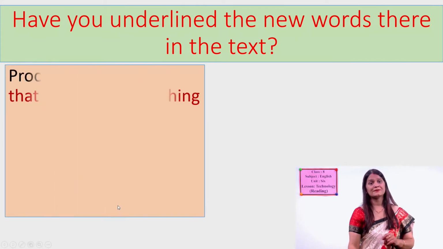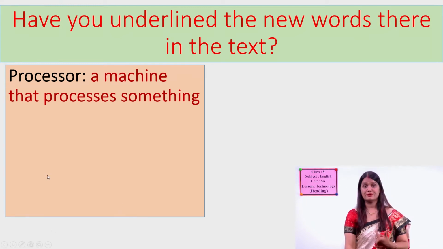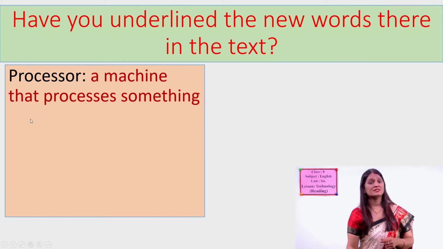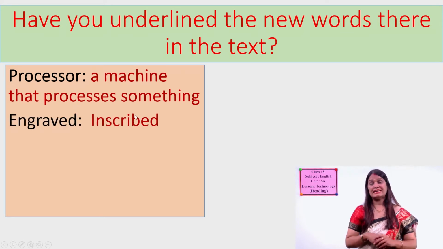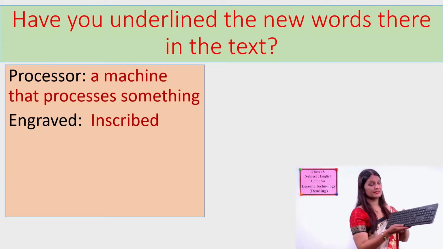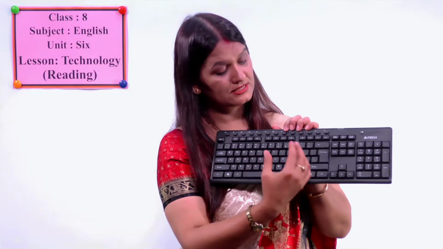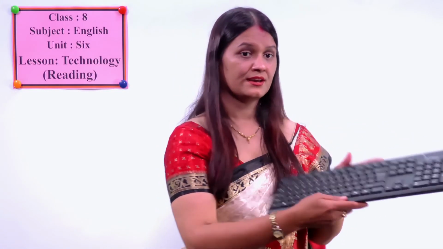So look at processor. Okay, computer, we have read, is a kind of processor. So, a machine that processes something. Processor means a machine that processes something. Engraved. Engraved means inscribed. Just like the letters and numbers are inscribed here. Okay, engraved here.